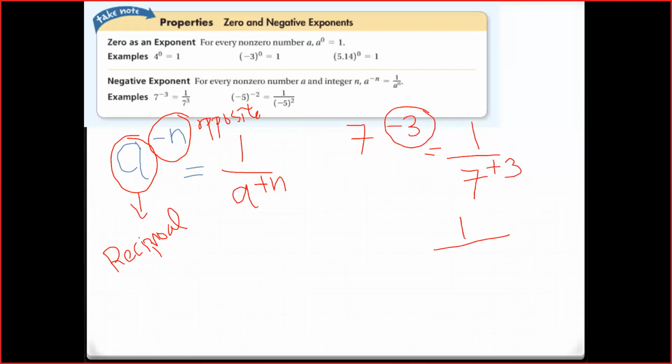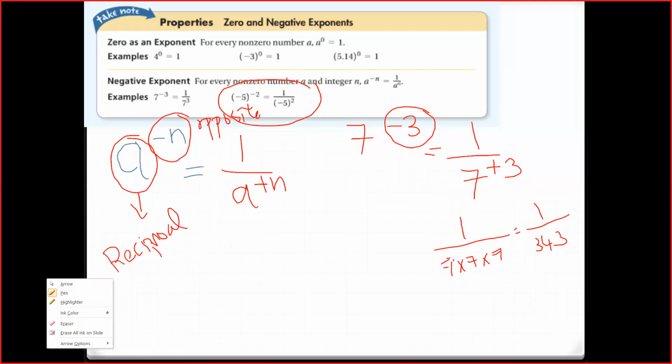So it will be 1 over 7 times 7 times 7, which is 343. You have to multiply 7 times 7, which is 49. Then you multiply it by 7.